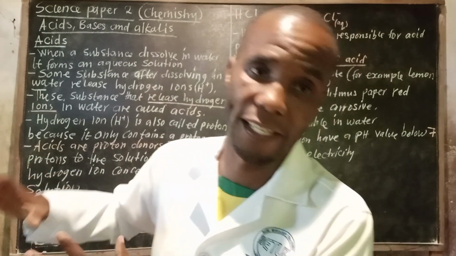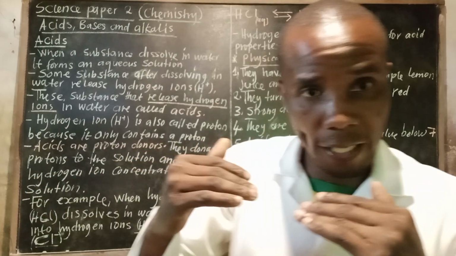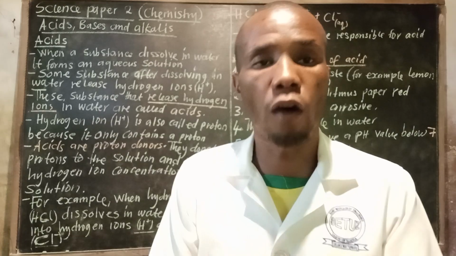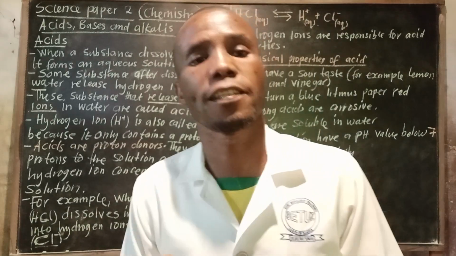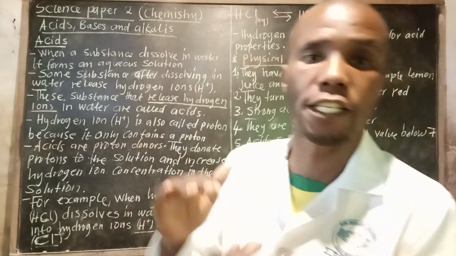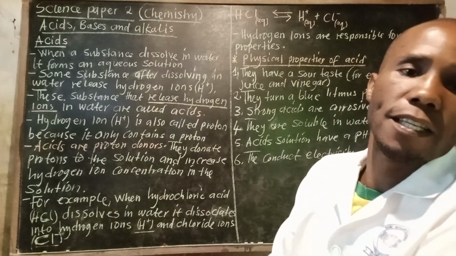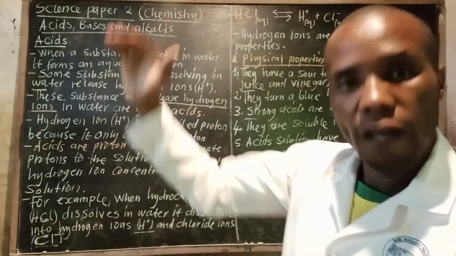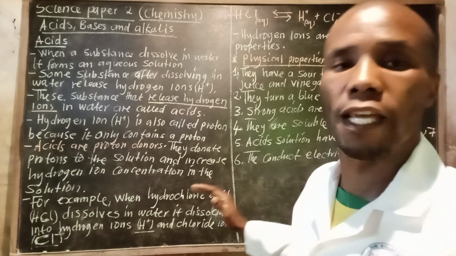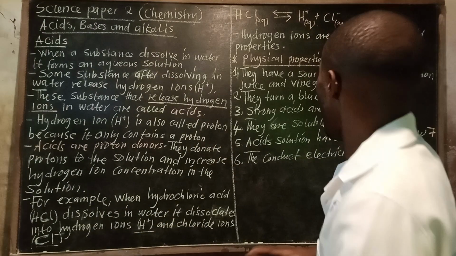The strength of an acid depends on the pH value. So below 7, that is acids. Anything that falls below 7 on the pH scale, just know that it is an acid.